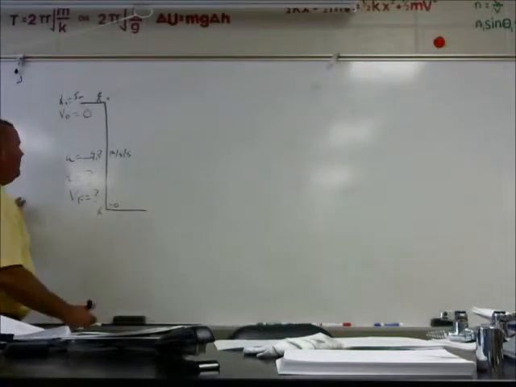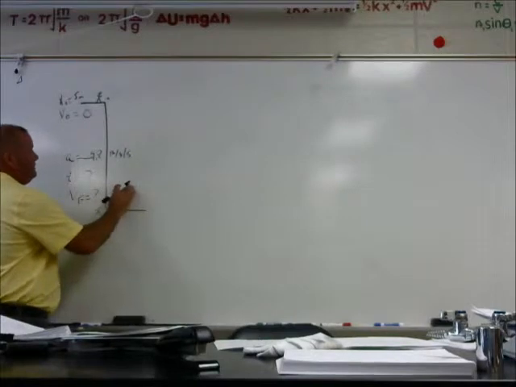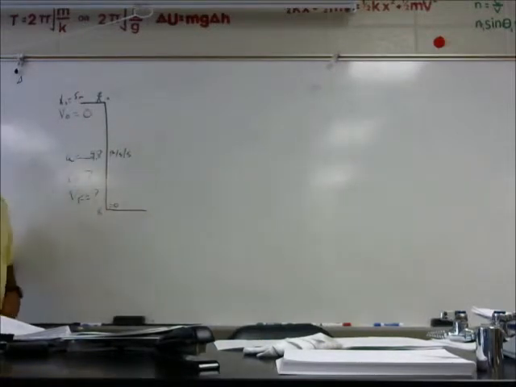So I can say, is there a way to find the time? If so, what would it be, Allison? Which one do you think we might use? What are we trying to find? Trying to find time.